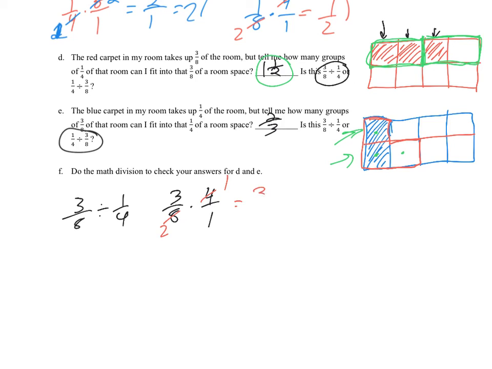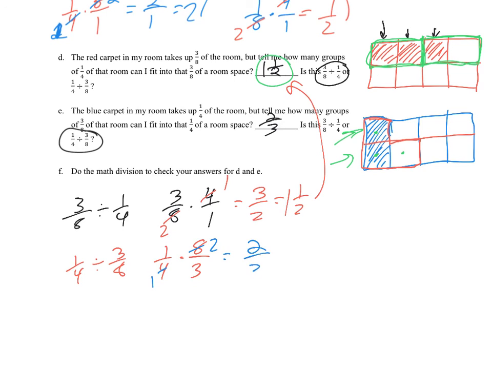And we're going to end up with 3/2, which is 1 1/2. And that's what we got here. That checks out. And then the other one was 1/4 divided by 3/8, which is the same thing as 1/4 times its reciprocal, 8/3. Again, 4 goes into 4 once and goes into 8 twice. And we end up with 2/3 when we multiply it through.